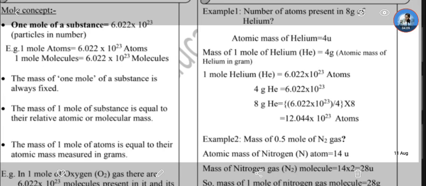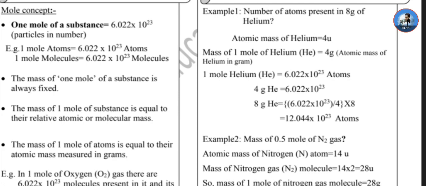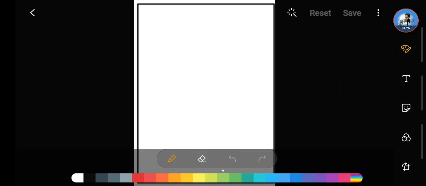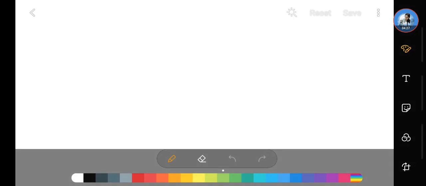Before moving on to the examples, first I want to talk to you about the formulas for calculating the number of moles and the number of atoms. Here are 2 formulas, students. Note them in your notebook. First one is the number of moles.